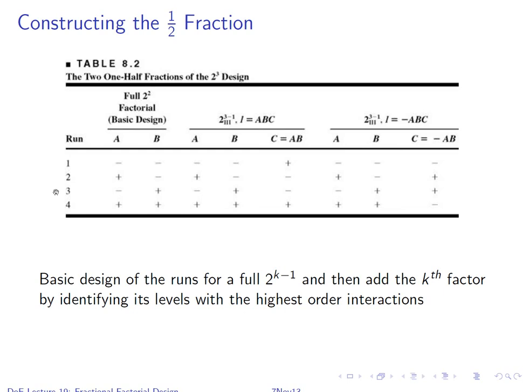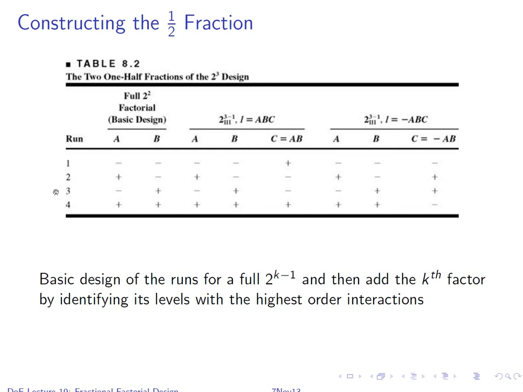Now, I'm trying to construct a design matrix, which means I'm trying to construct the matrix that has the assignments to each of the factors for each of the experimental runs, which are shown as 1, 2, 3, and 4. What you will start with is a full factorial design for 1 fewer factors.